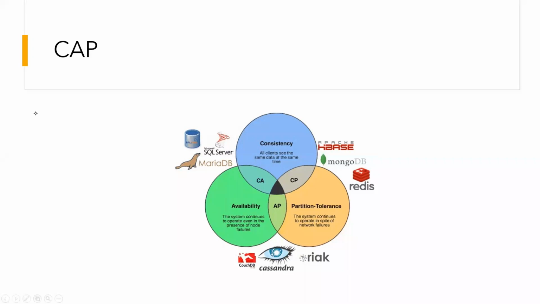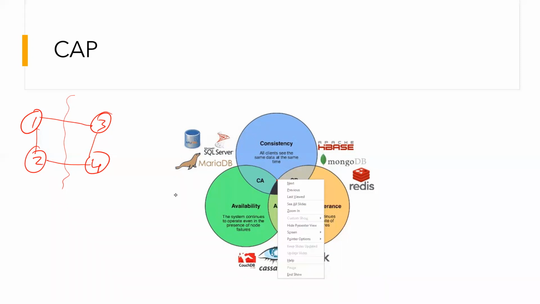If you have nodes 1, 2, 3, and 4, and you're talking about data being available, data being consistent across all 4 nodes, and also being able to partition this data, that state of occurrence is the most ideal state, which falls into this circle. This is the magical state that is quite impossible to achieve as of today.